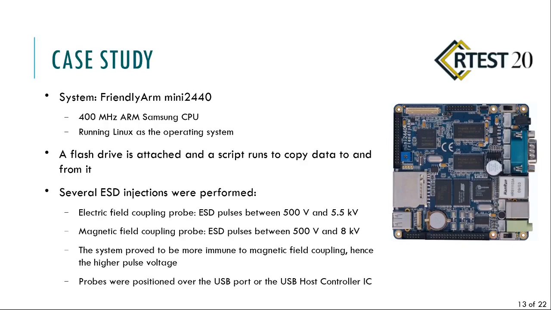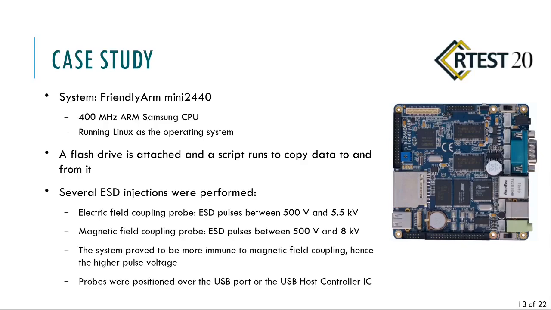We used two different types of probes for the ESD. One produces an electric field, just a voltage potential, and with this we injected pulses between 500 volts and 5.5 kilovolts. The other creates a magnetic field coupling, something like a current loop, and with this we were able to inject pulses between 500 volts and 8 kilovolts.